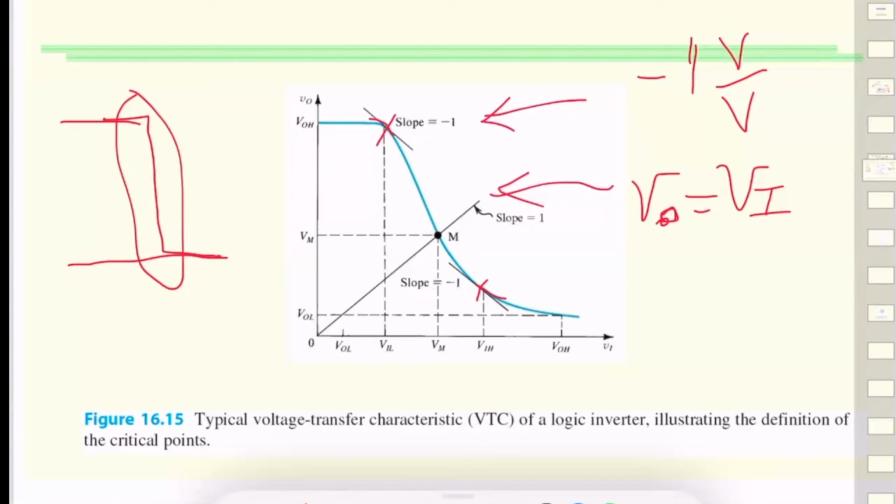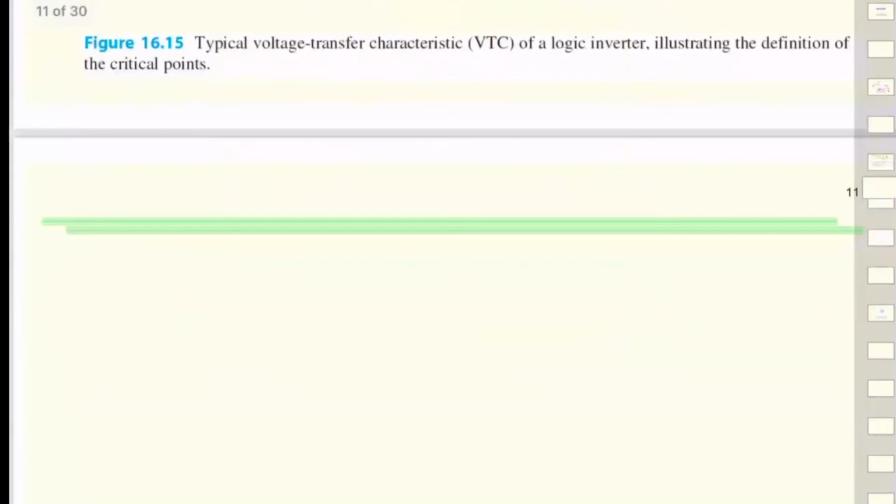We will not go into that, but just to know that in a typical logic inverter, there are some critical points which, as designers, we want to know and keep our voltages in the safe zone. Hence these levels are important, VIH and VOH, which are shown here. So we want to switch quickly from those to the high or low states.